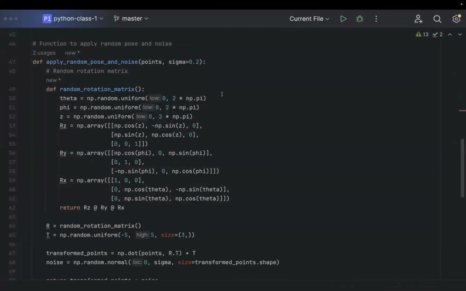So can somebody tell me what I am doing here? Volunteers? Otherwise I'm always talking, and you should also talk a bit.